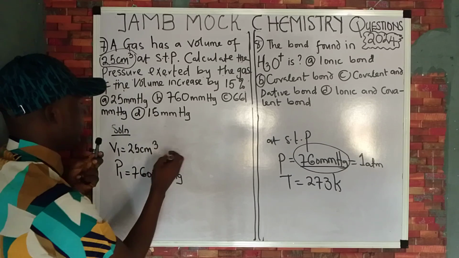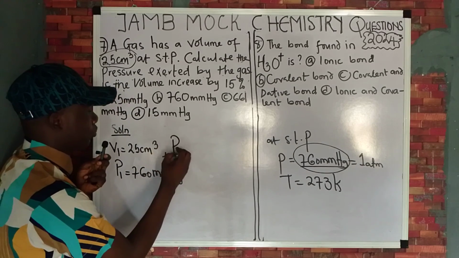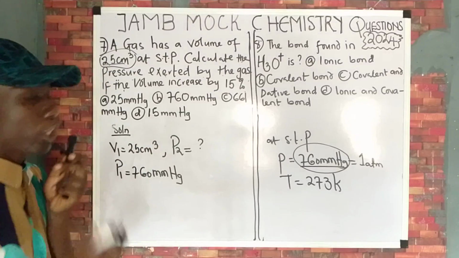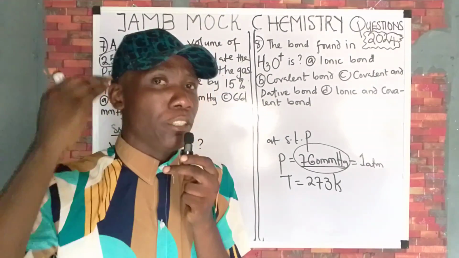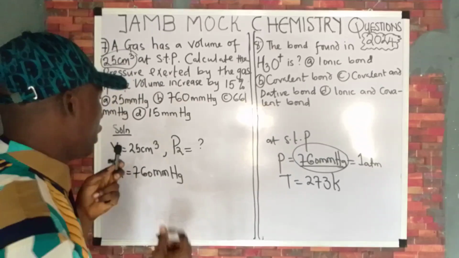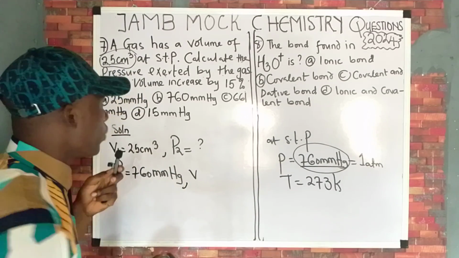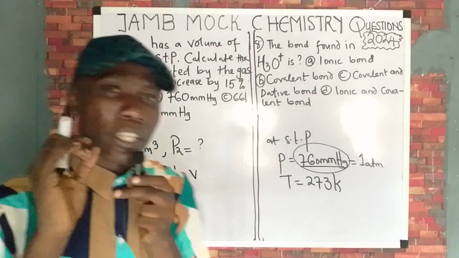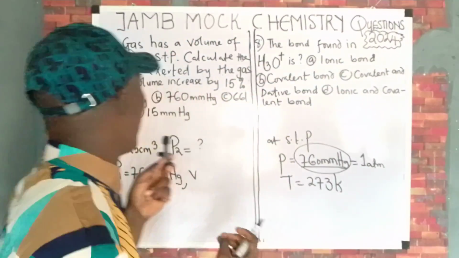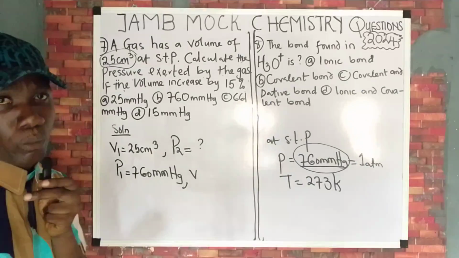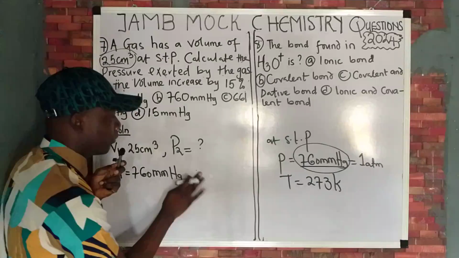Now let's continue. Calculate the pressure, that means we are looking for P2. If the volume increases by 15%, it means that we first of all get the value of 15% from your 25 cm³. So let's get the increased value first.